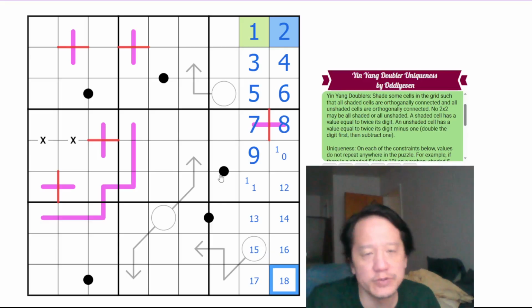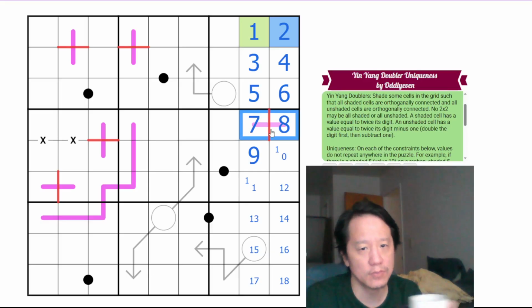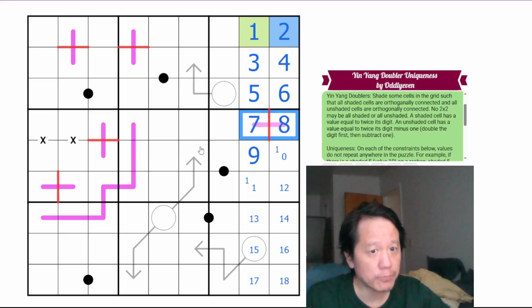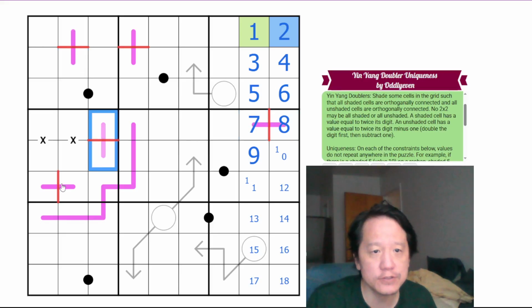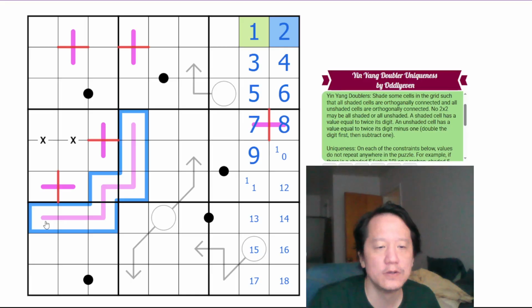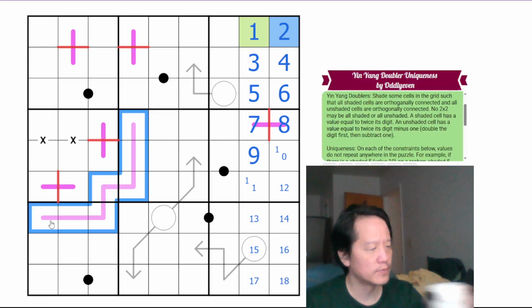How many digits do we have on Renbans? We have 1, 2, 3, 4, 5, 6, 7, or 5 times 2, which is 10, plus 7. So 17 digits on Renbans.